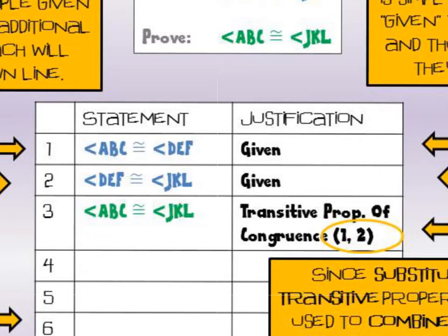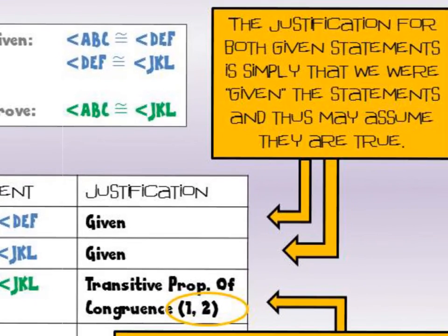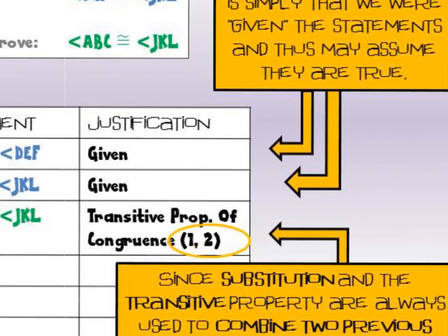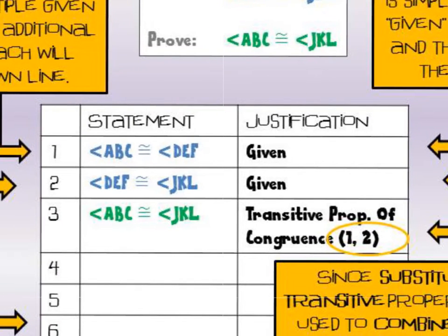You'll see some of these might be together on one line here, and that's really okay. So the justification for both statements was simply given. So we would assume that they're true since they gave us that statement, okay? So we were given these two things, and then we can say this, quite honestly, it's a very simple proof because of the transitive property of congruence.